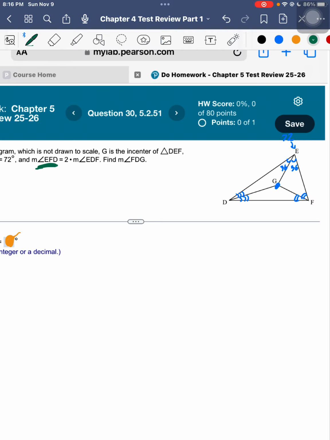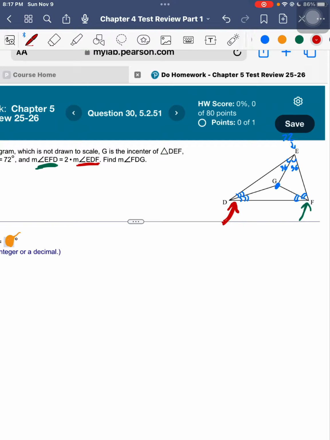EFD, which is this green color, is this entire angle. This entire angle is 2 times the measure of this red one, EDF. So I don't know the measure of EFD, the green one, or EDF, the red one, but I do know that they have a relationship with each other.